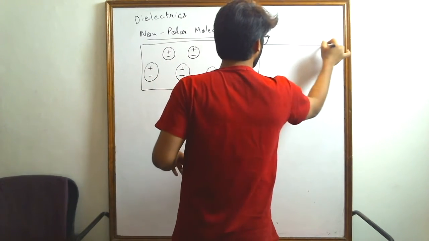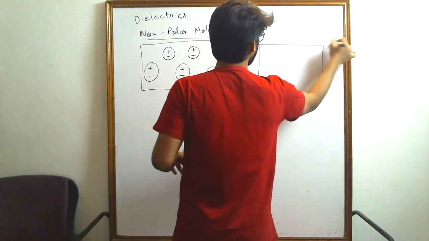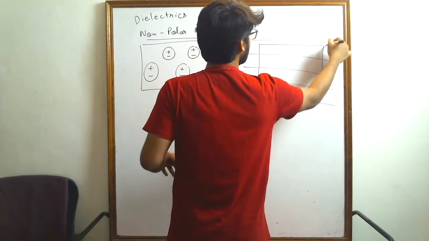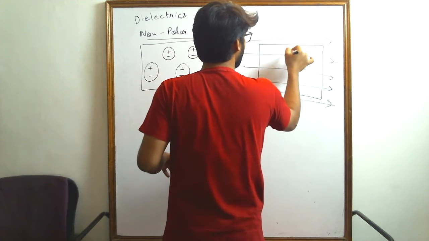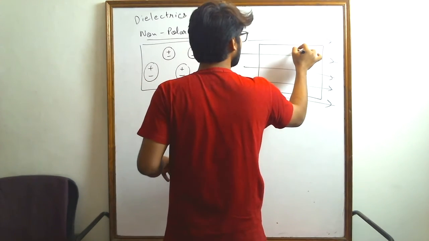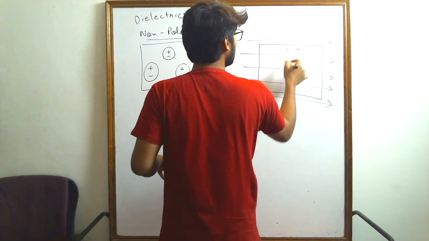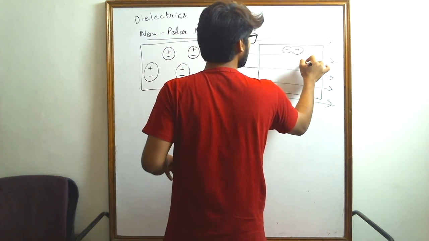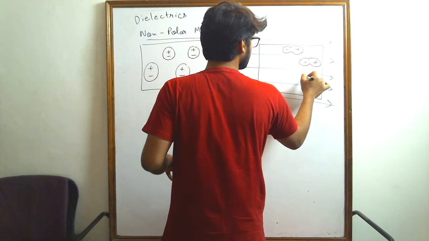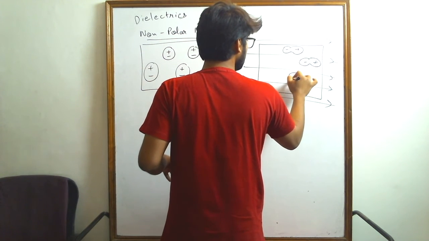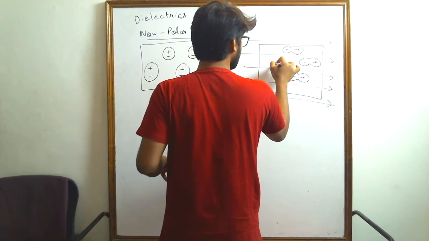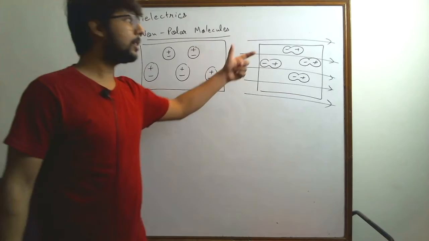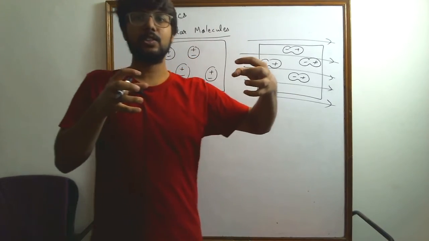Now, when I put the same material in an external electric field, the external field starts pulling the positive side this way and the negative side goes the opposite way, and so it gets stretched. As you can see, when something gets stretched, it elongates.